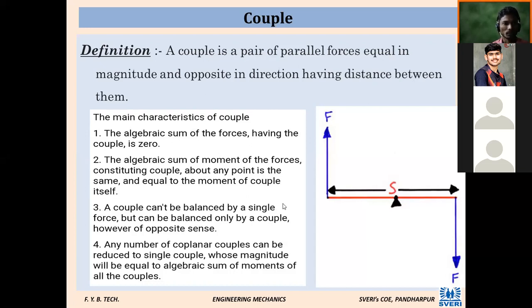So couple means two, that we have to remember. Here a point S is shown, and force F of equal magnitude but opposite direction. The left hand force is upward, the right hand force is downward, having a certain distance between them, and this forms a couple.